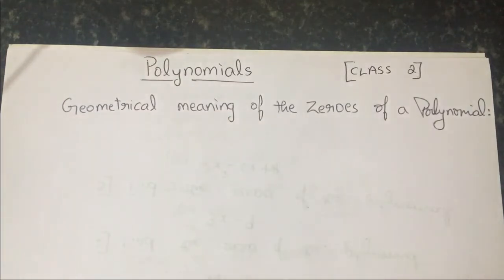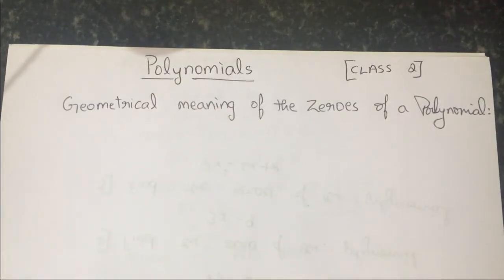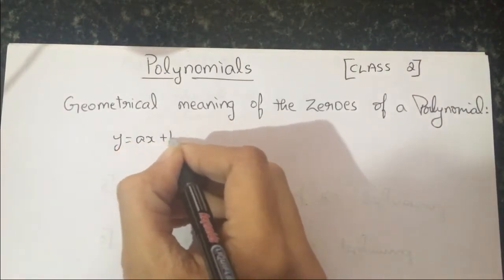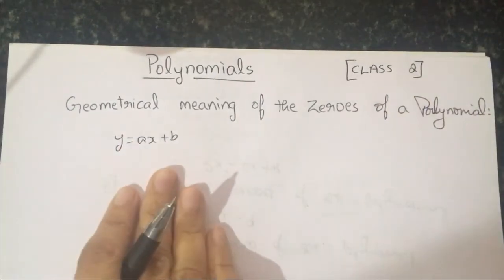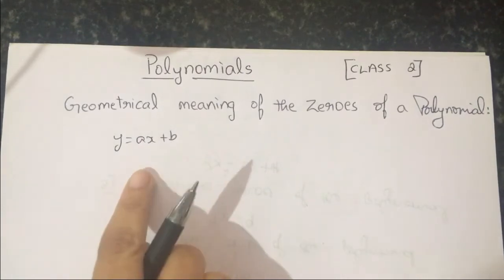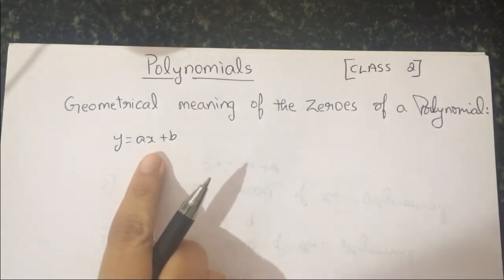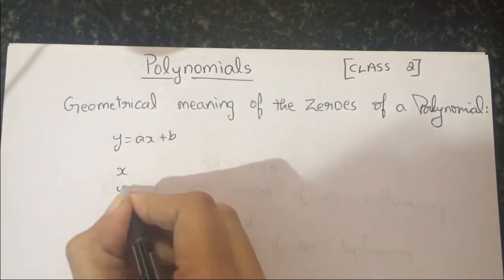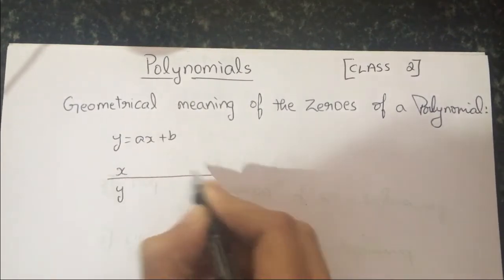A simple linear polynomial is given to you. Suppose y equal to ax plus b. If this polynomial is given to you, then how do we draw the graph of this? We'll make a table which has x values and y values.